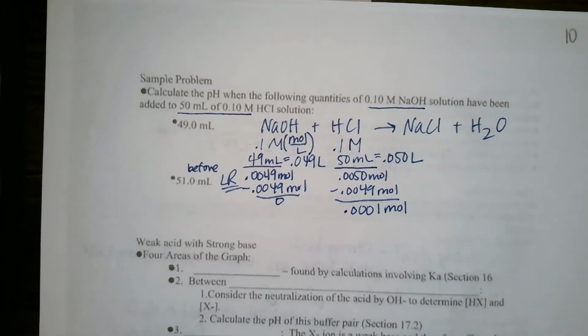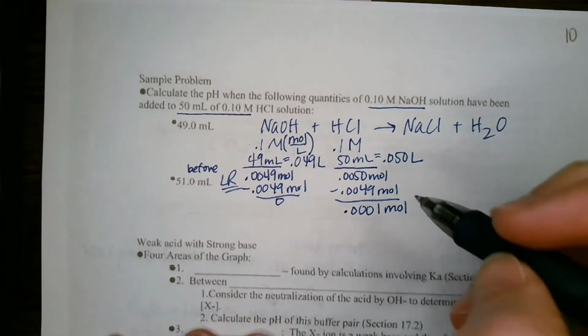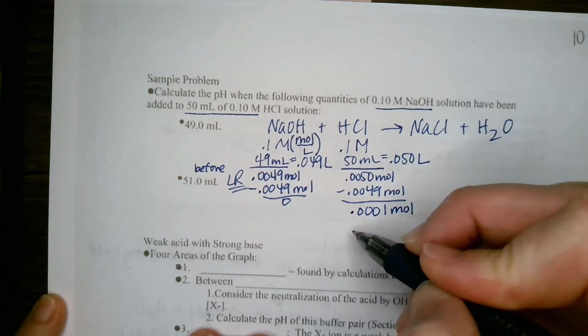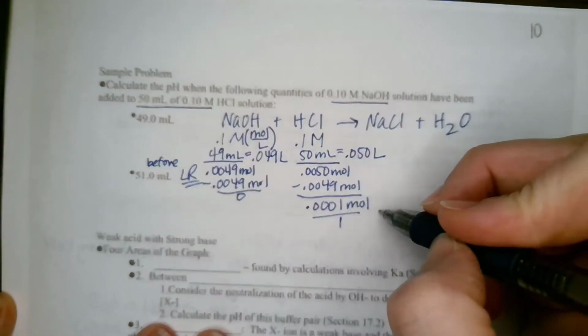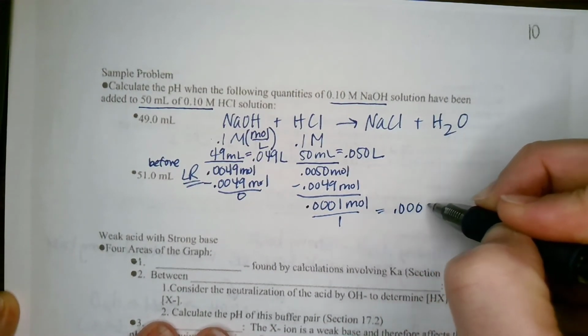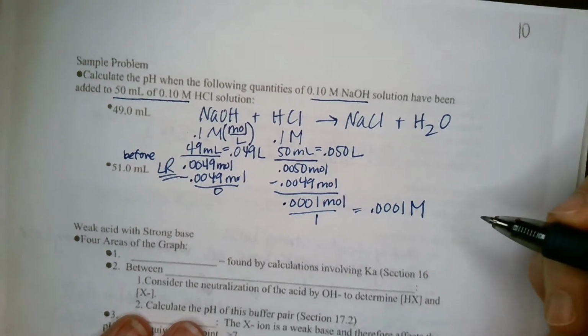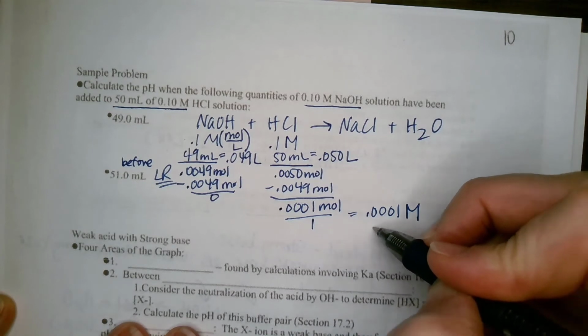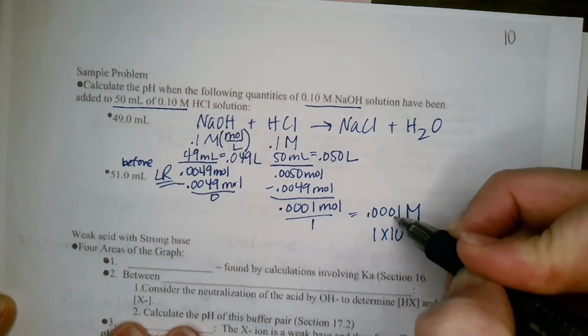Now, if we think about this, and we could write this in scientific notation, this is per 1 liter, so I can divide it by 1 to have a concentration of 0.0001, which in scientific notation is 1 times 10 to the negative 4.